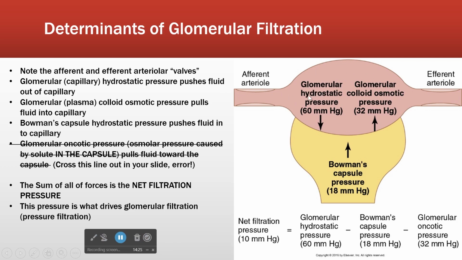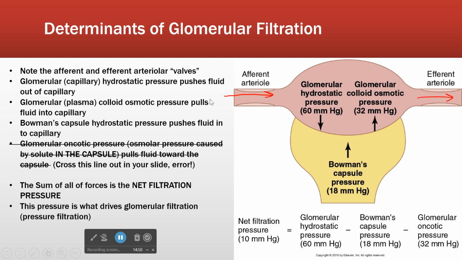Remember, we have blood coming in this way, going out that way from the heart. These two valves, the afferent and efferent arteriole, can be affected independently of one another. So we have two valves in this system.